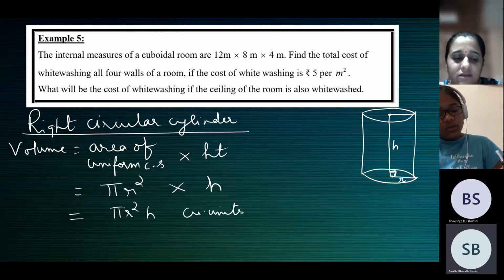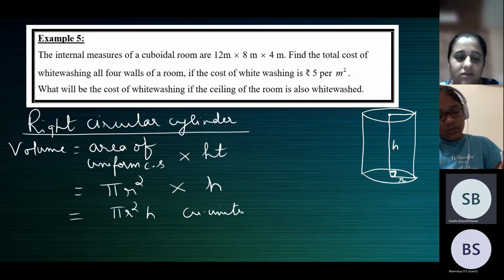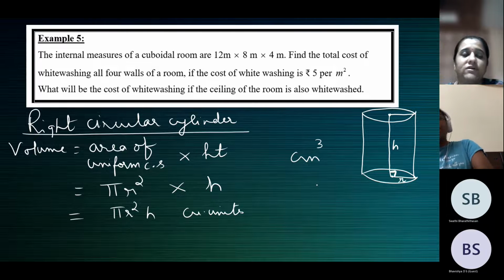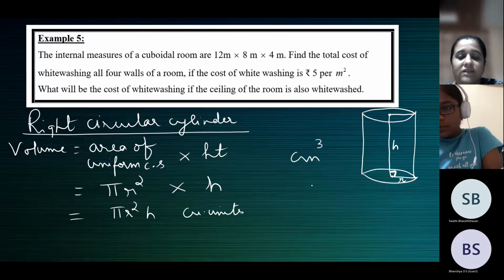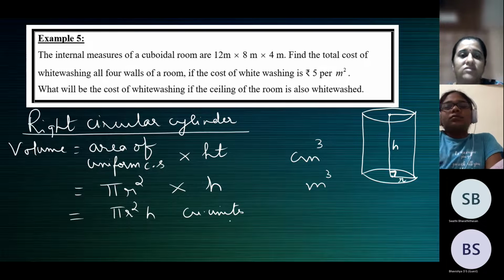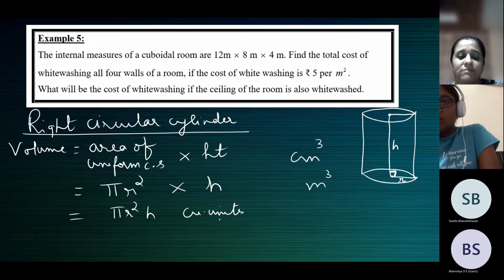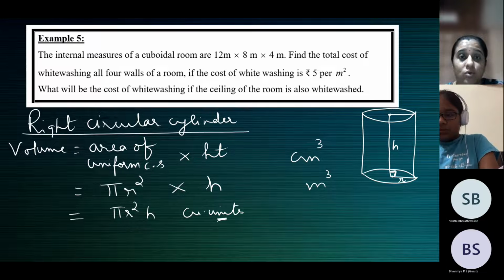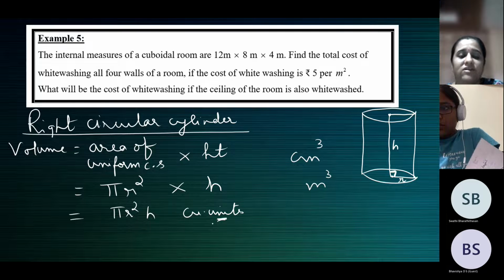Don't we have any units for the cylinder? Yes, nice question. If it is centimeter, then the volume will be in centimeter cubed. If the radius and height are given in meters, then the volume will be in meter cubed. Cubic units is a general way of writing because we do not know the unit. It can be centimeter, meter, decimeter, hectometer, anything.